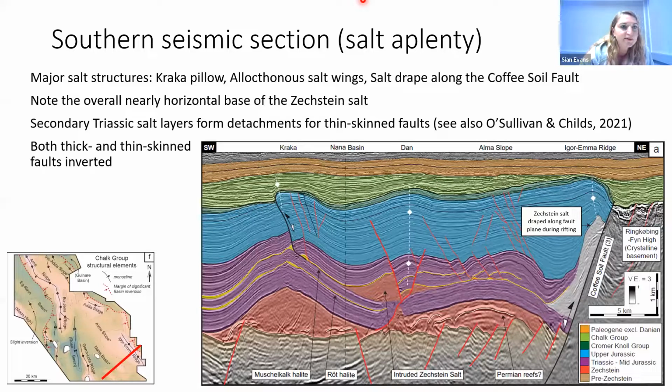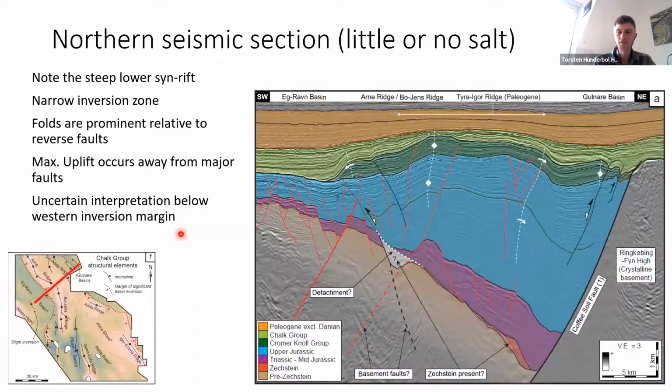Okay. So then there's another question from Celine that's a bit abstract, but do you think salt buoyancy had any impact on the uplift and shortening, or just lateral stress only? Oh, that's a good question. I haven't thought about that. My initial thought is that in this section we have quite a bit of salt, but in large parts of the study area here, the salt is not that thick.